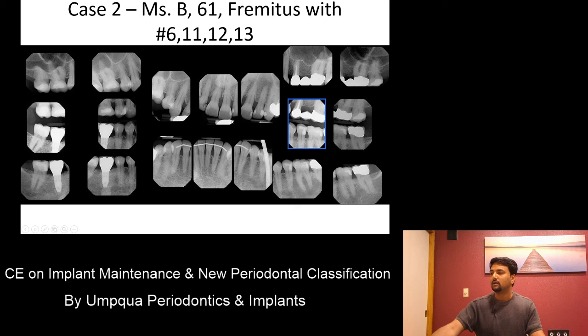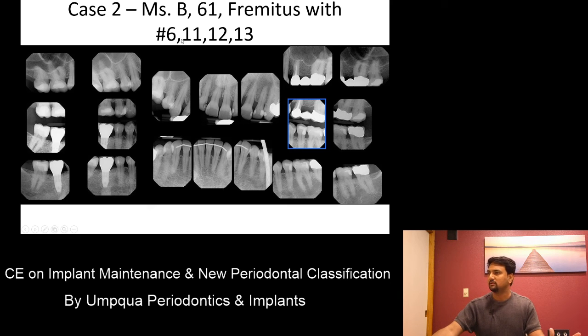What grade? I would say assign a percentage of bone loss to your worst tooth. I would say about 50-60% of bone loss, similar to or less than the age of the patient. So I would say it's a grade B. What are the risk factors?